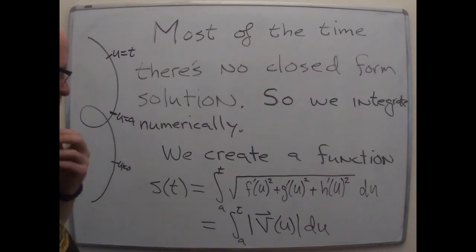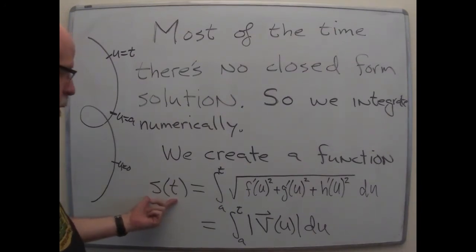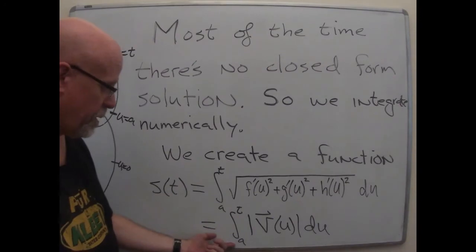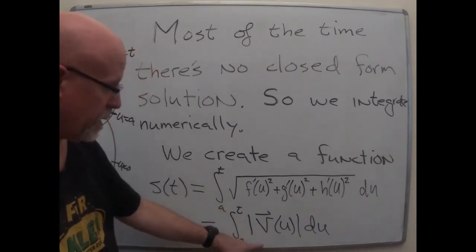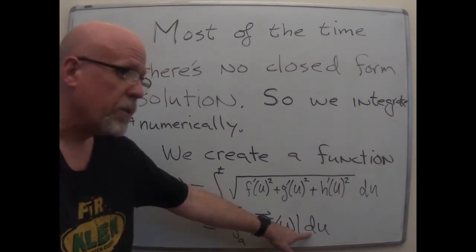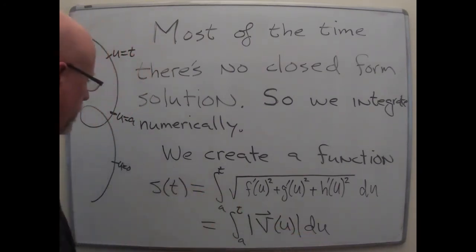And I guess this is probably my favorite version of the formula that we're doing here, because s is supposed to be the length that we travel, the distance that we travel along the curve. What is this? We're adding up speed, the length of velocity, times an increment of time. Speed times time is distance. So we get distance as the output of it.